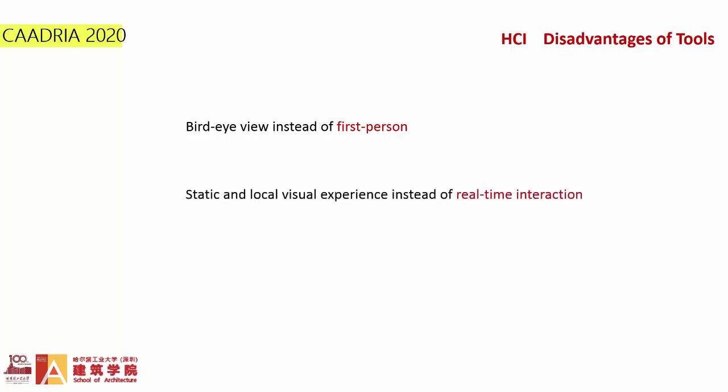And architectural rendering, although with realistic and robust dynamic expressive force, can only provide static and local visual experience. This is also the same with 3D modeling, as there isn't much real-time interaction with the virtual information.